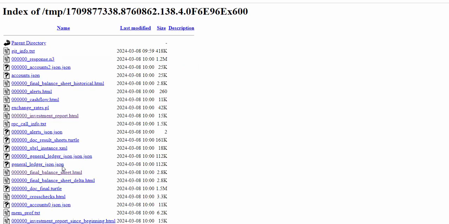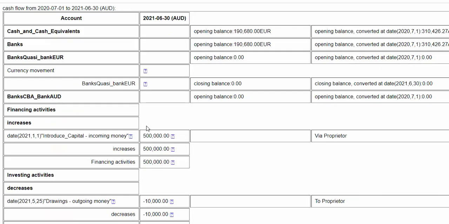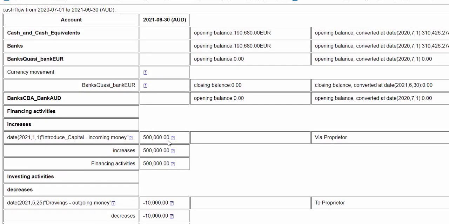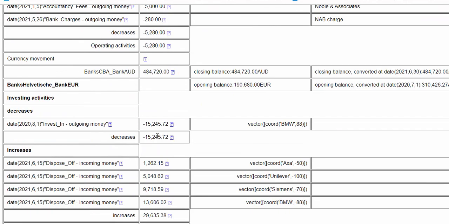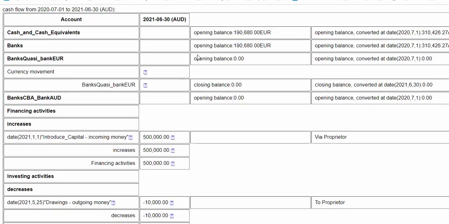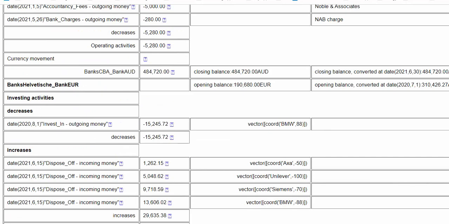And if we go to our cash flow statement, this is where it starts to get interesting, because here we've started to experiment with providing some access into the graph database. So if we were to have a look through, this is a complete cash flow statement from the perspective of your opening balances all the way down to your closing balances, and you can see all of these values essentially are associated with a vector within the database.